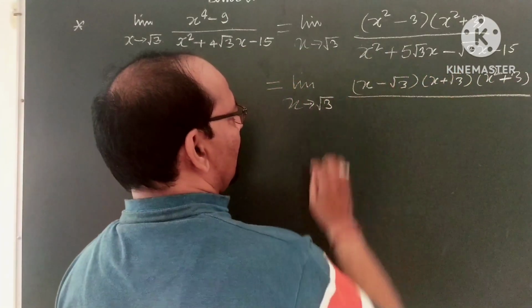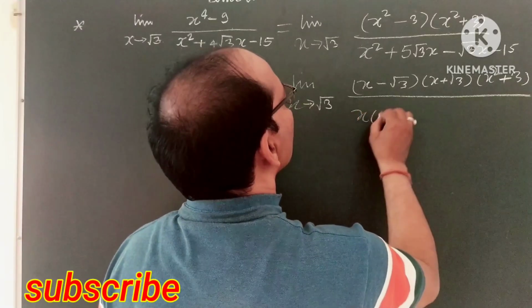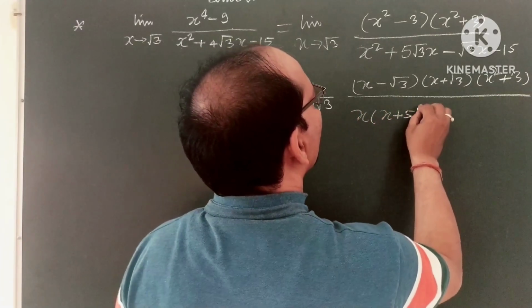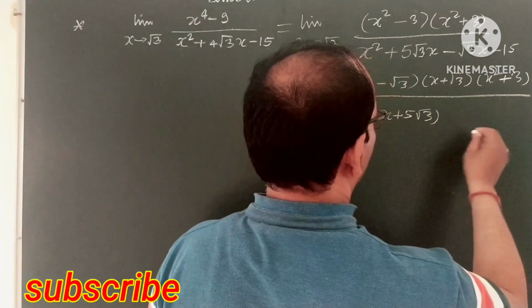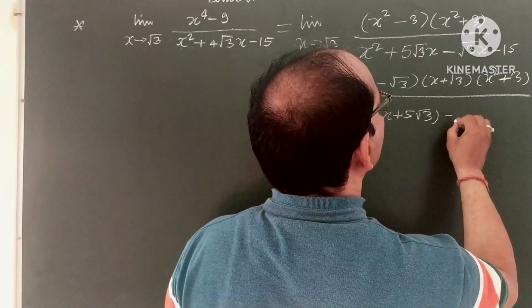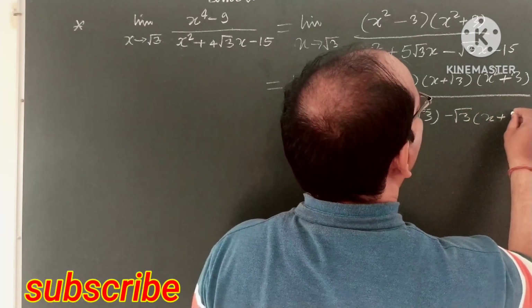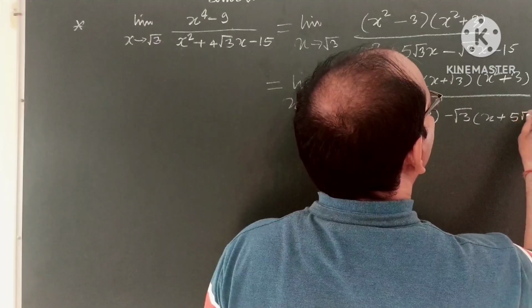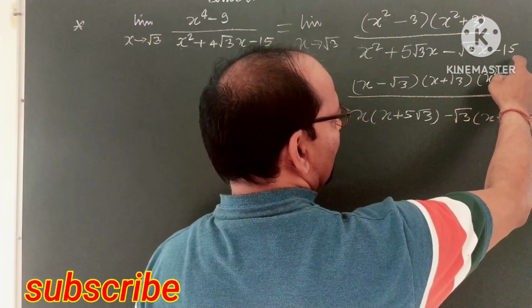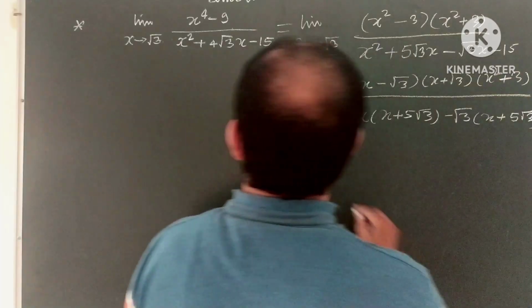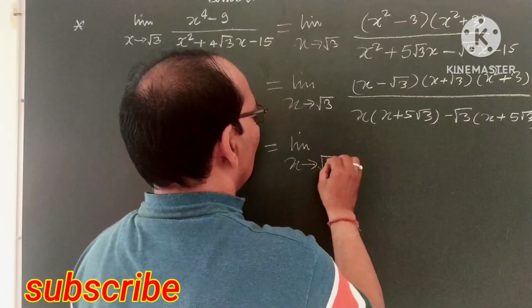Take common from here and here: x plus 5 root 3, and take common here minus root 3. It will be x plus 5 root 3.